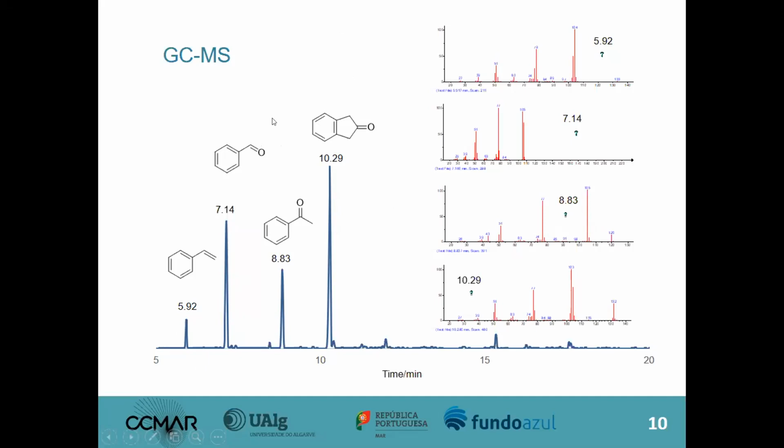And the reason for this is that the pyrolysis was performed in the presence of oxygen. So if we remove the oxygen and do exactly the same thing, instead of benzaldehyde, we would have only styrene. Instead of acetophenone, we would have ethylbenzene. And instead of this compound here, we would obtain it, but without oxygen.